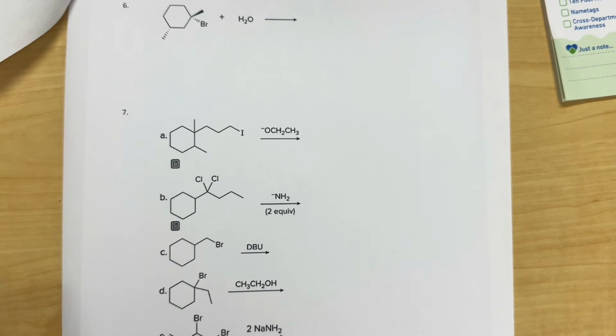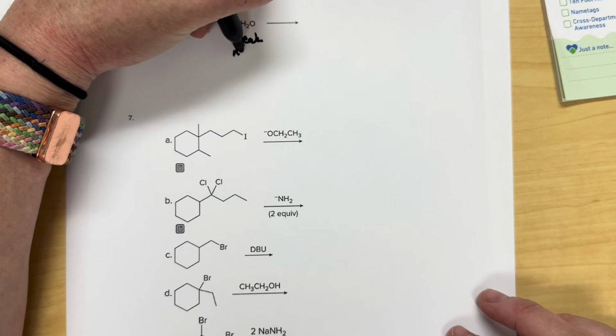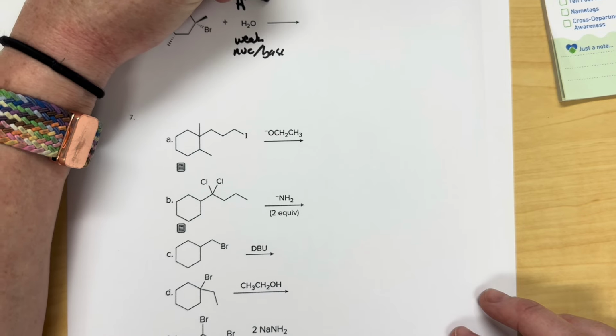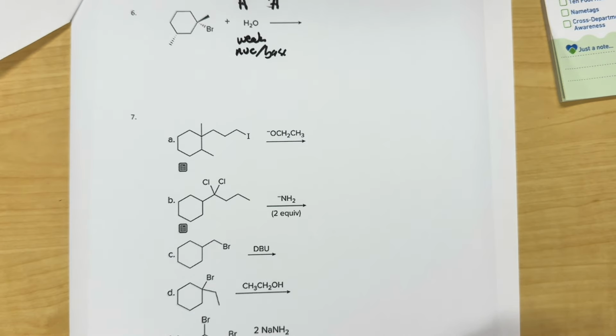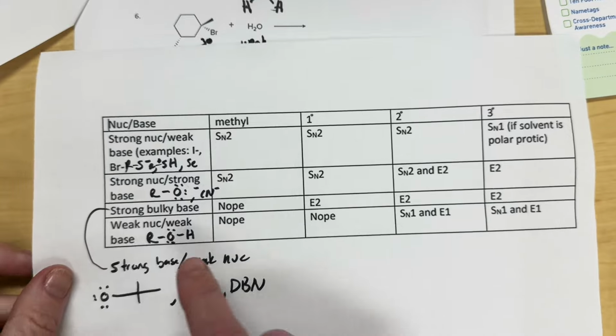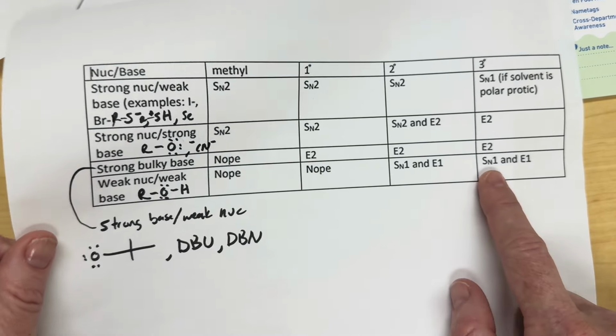Now we have this is a weak nuke and base. How did I know that? Because it's HOH, so it's got an OH group on it, essentially. And we know that this is tertiary. So if we have a weak nuke, weak base, tertiary, SN1 and E1 is going to be what will react.